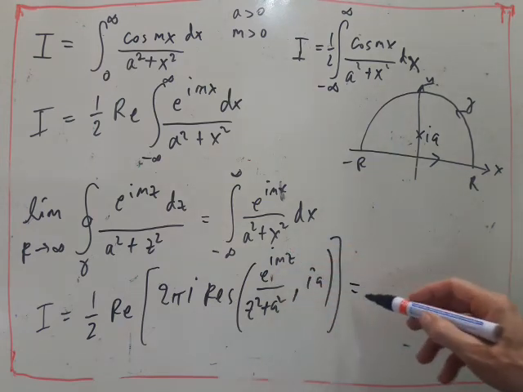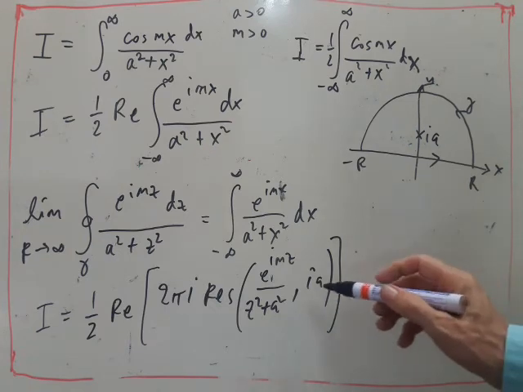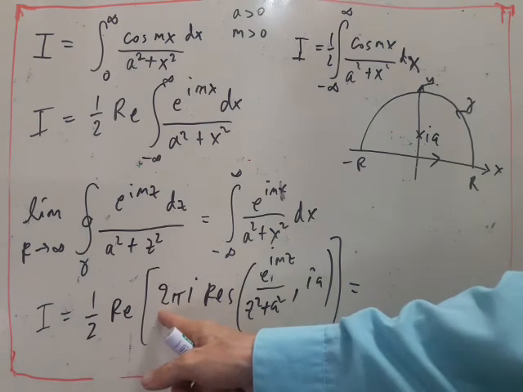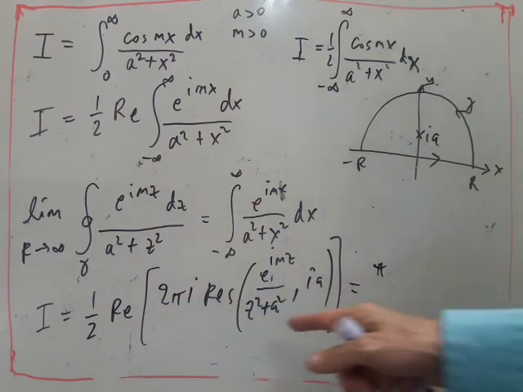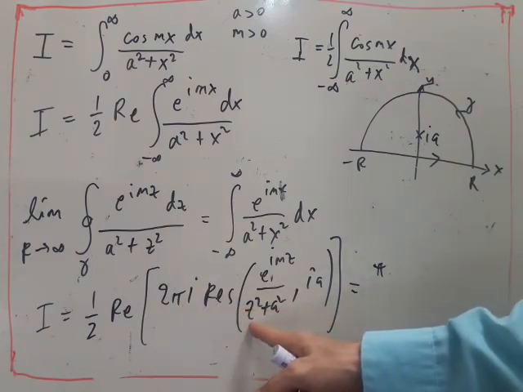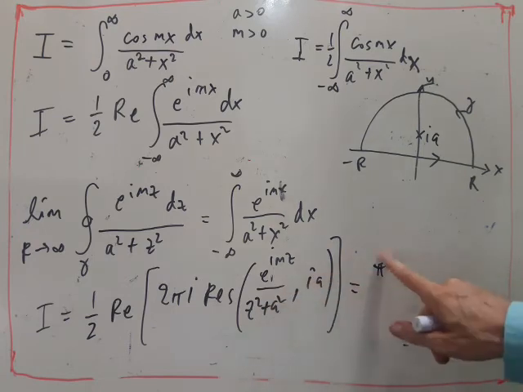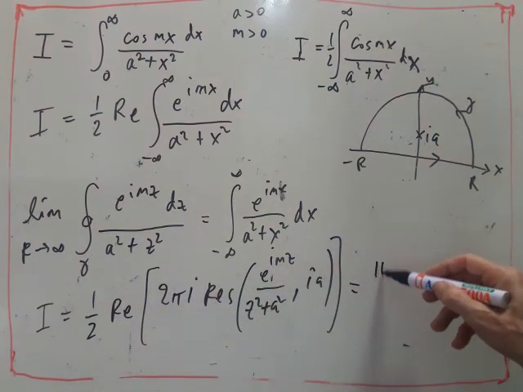So writing all this out, I'll use this half to cancel this 2 here. I can see this i is going to cancel the 2ia at the bottom here. So in the end, I don't actually need the real part anyway, it's going to be real anyway.